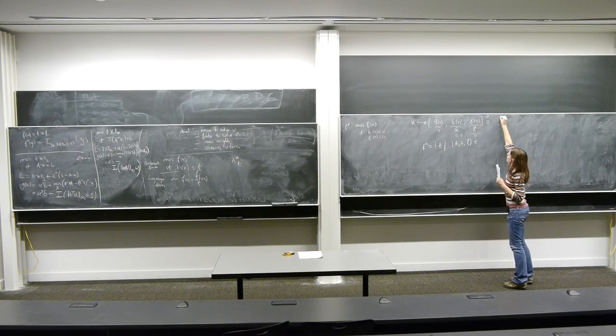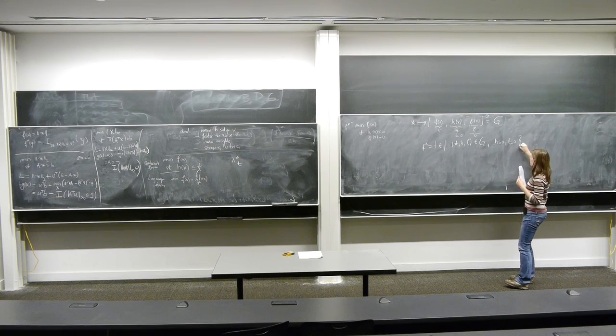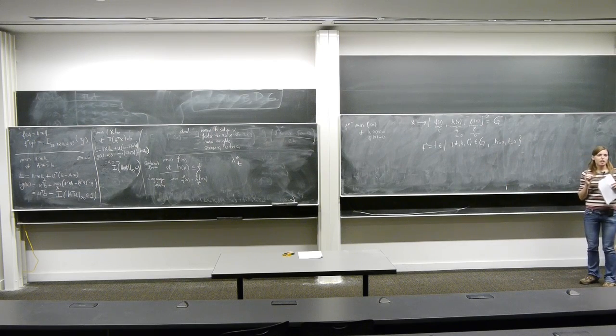So if we call this whole set G, this point was in G, and such that h is smaller than or equal to 0 and l is 0. Does this setup make sense?